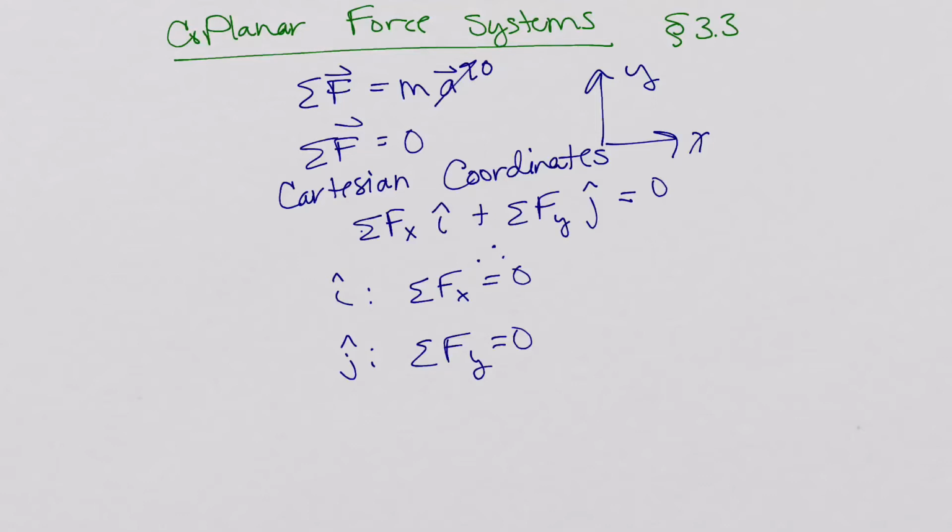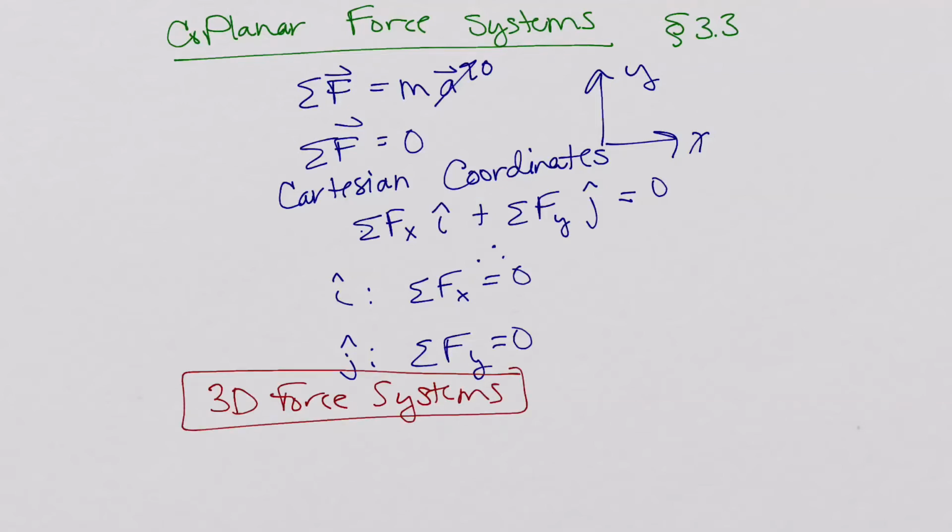The next one we were going to talk about are the 3D force systems. And basically with this, it's the same. So the same equations. Sum of the forces equals 0. Writing Cartesian coordinates.